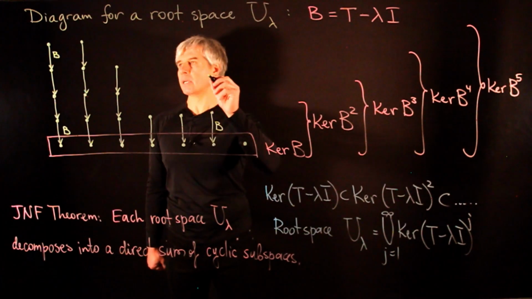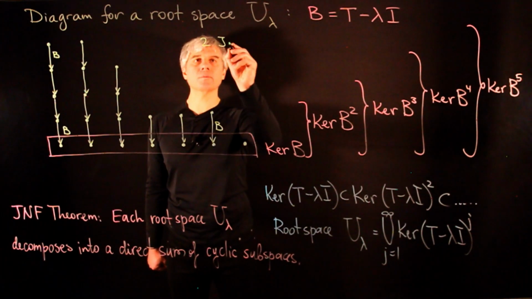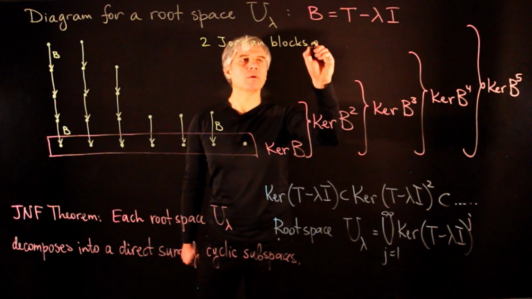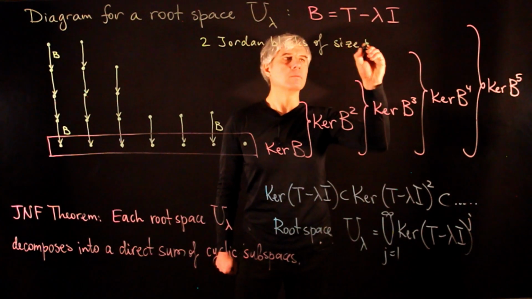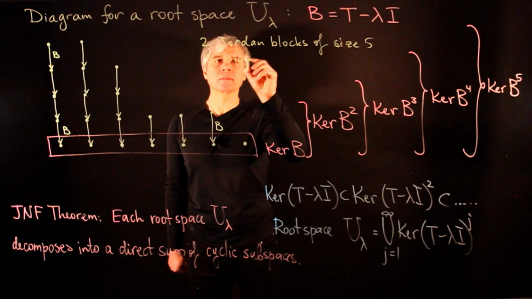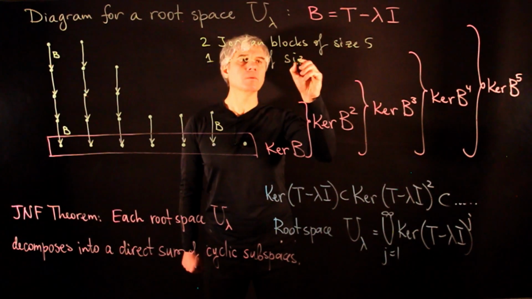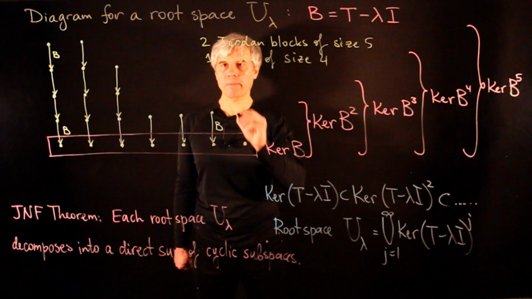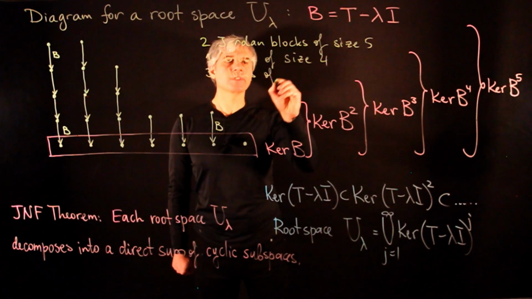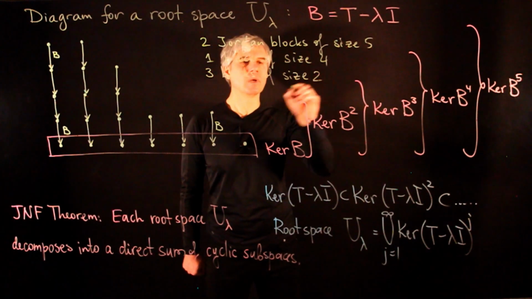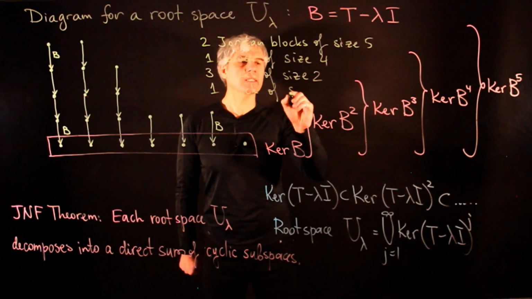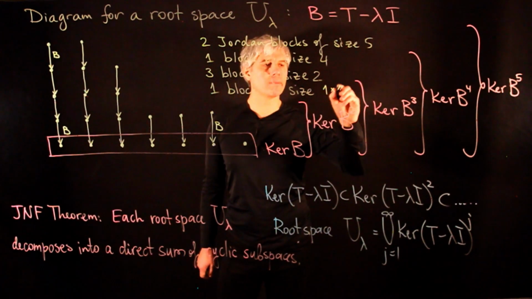So for this diagram, we have two Jordan blocks of size 5, one block of size 4, three blocks of size 2, and one block of size 1 by 1.